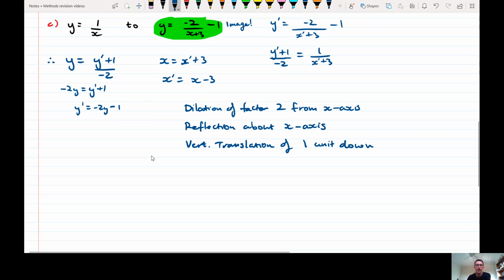The 1 down, and then a horizontal translation of 3 units left, because x minus 3 units left. And my minor algebraic error aside, that is how you determine transformations in functions.